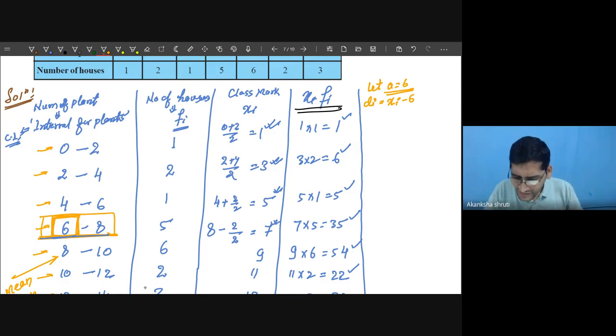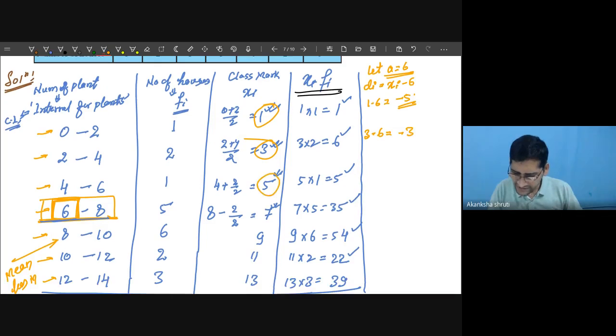Student, here it is 1, so it is 1 minus 6, which becomes minus 5. So di for the first interval is minus 5. For the second, how much does it become? Student, the class mark here is 3. So it is 3 minus 6. It is minus 3.